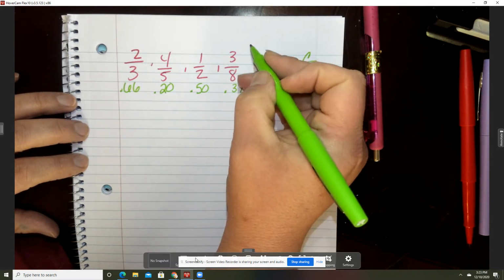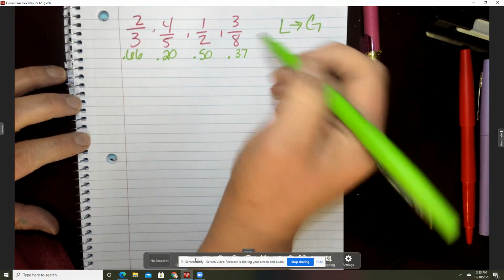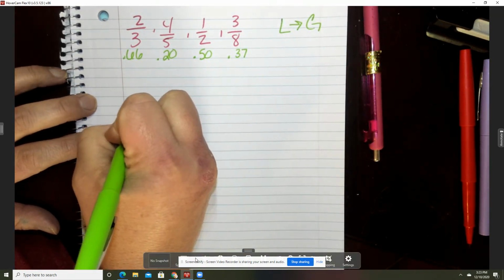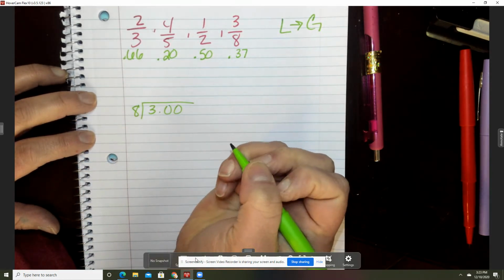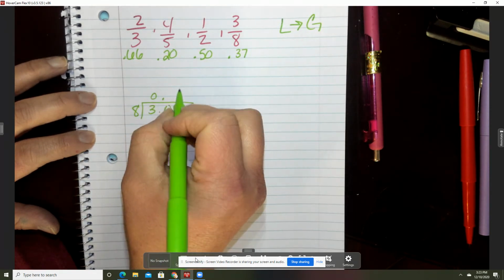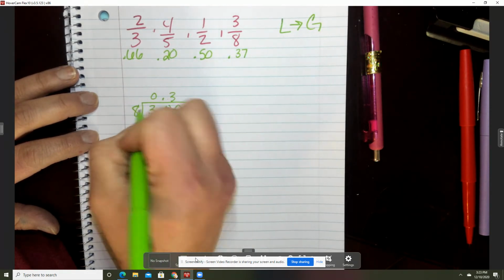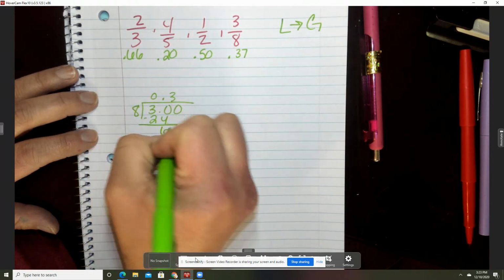But let's double check our 3/8. If we don't know what 3/8 is as a decimal, you can come down here and divide that out, add a decimal and zeros. 8 will go into 3 0 times. 8 will go into 30 3 times. 3 times 8 is 24, and that leaves 6.